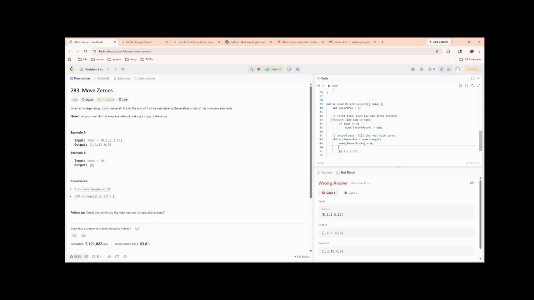So let me count how many non-zeros there are. I see 1, 2, and 3 numbers. So insert position, okay, so that would be at the 0th position.